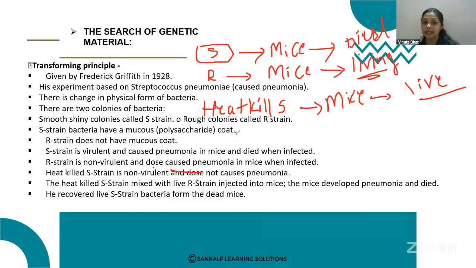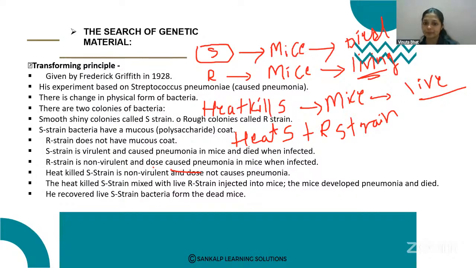Then heat killed S strain bacteria plus R strain bacteria, living R strain bacteria. Only heat killed S strain bacteria is injected, so there is no disease developed.